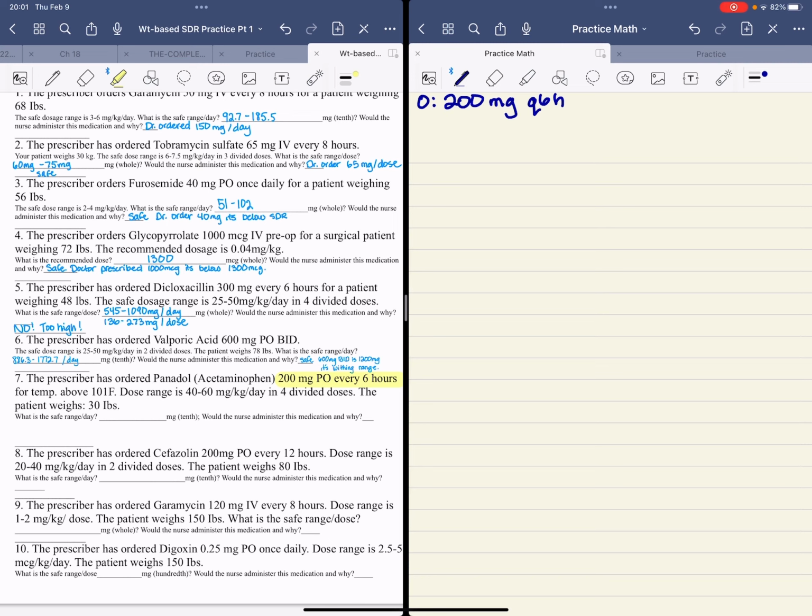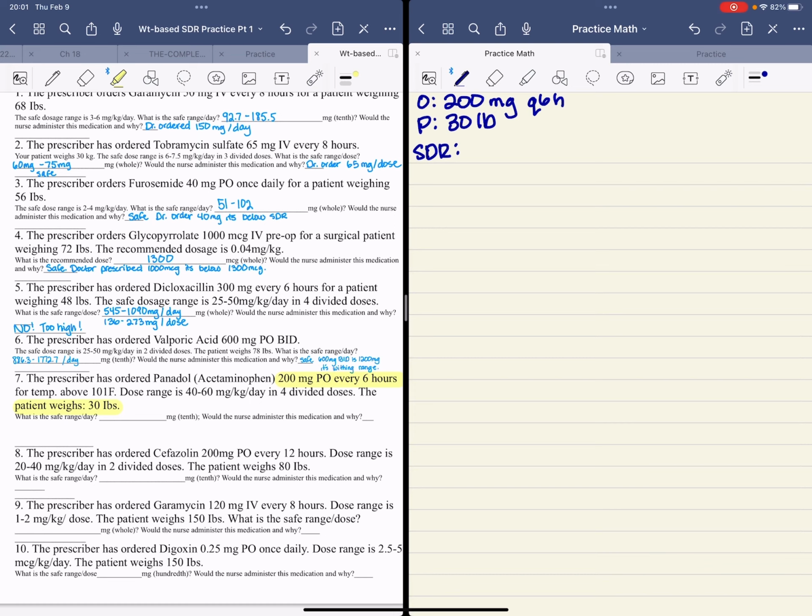Okay. The second information you need to look at is the patient. How much does the patient weigh? The patient weighs 30 pounds. The third information is the SDR, safe dosage range.